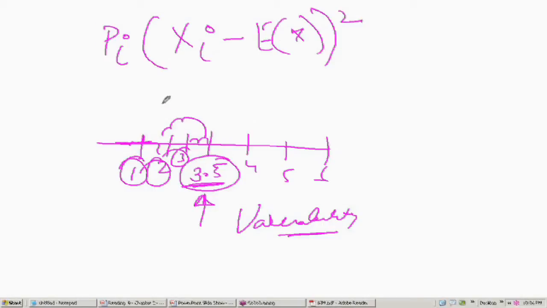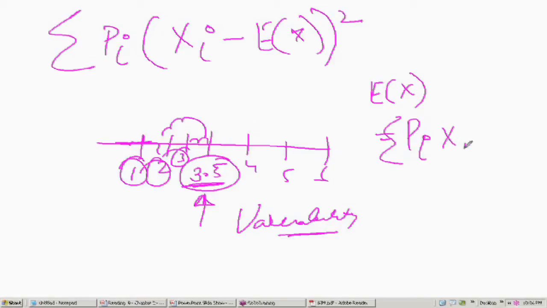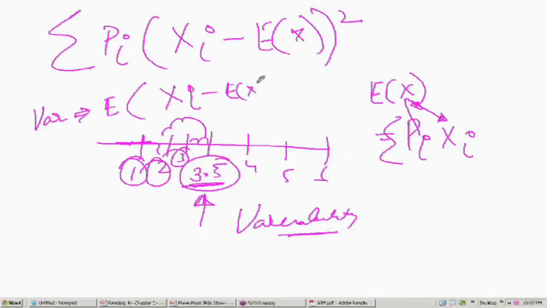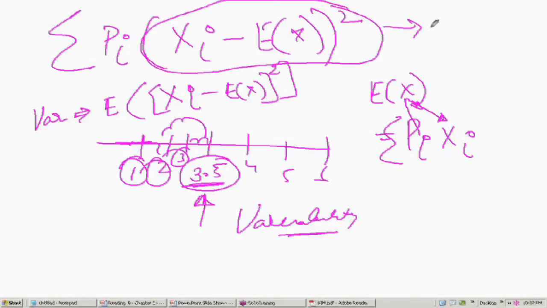What we are actually finding out is, when we found the expected value, we found the summation of p_i x_i. Now when we are finding the variance, we are finding the expected value of (x_i minus E[X]) whole square. Think about this: can I say that this is Y?